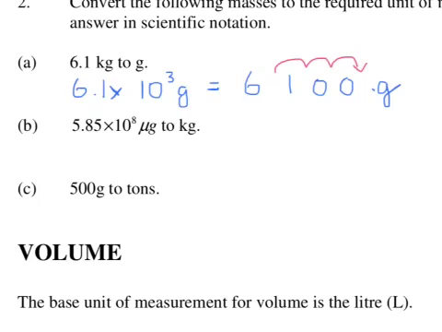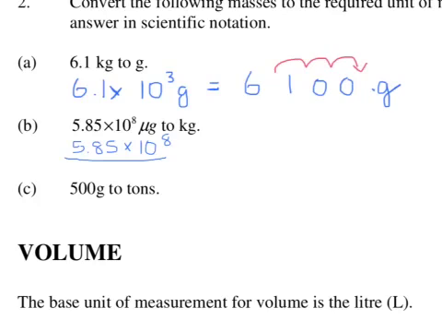Now the next one is 5.85 by 10 to the 8 micrograms to kilograms. We're converting from a small unit of measure, micrograms, to kilograms, so that means we need to divide.